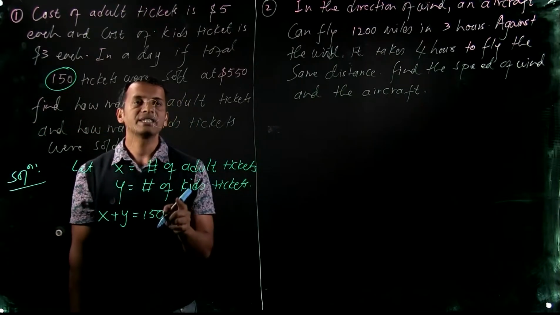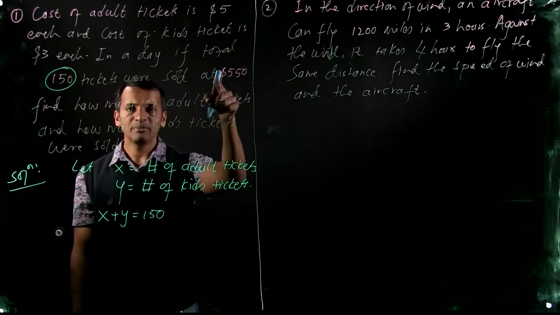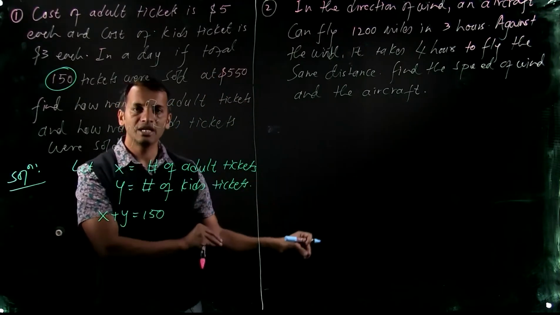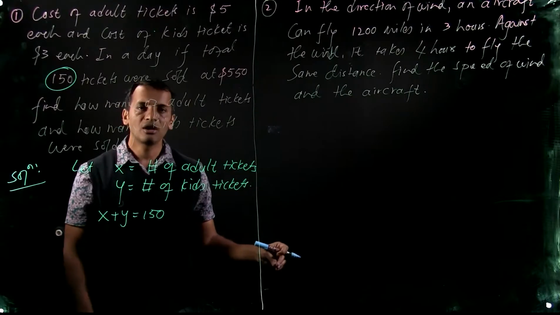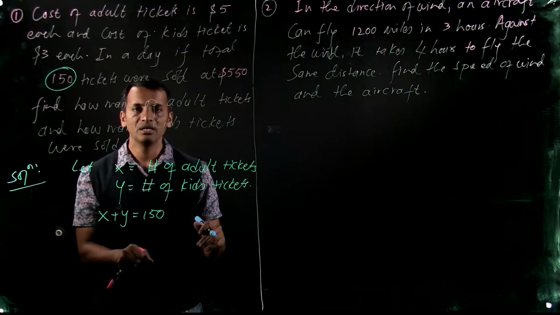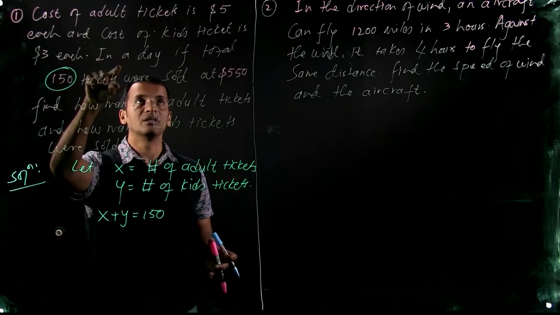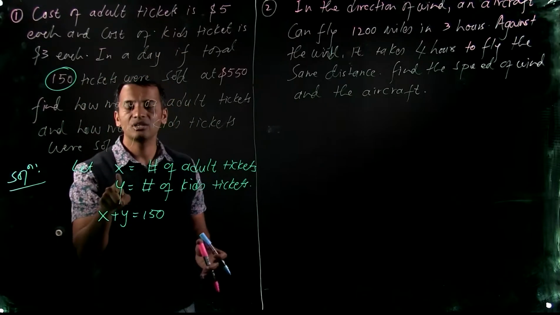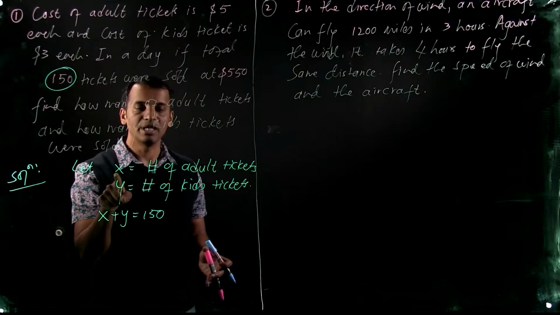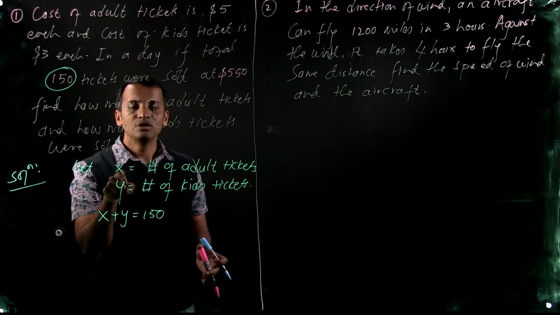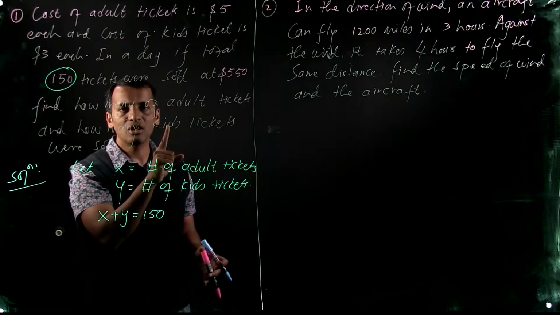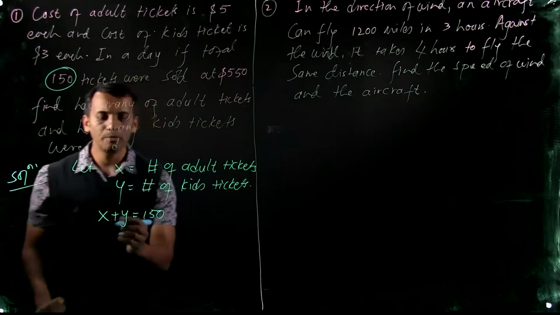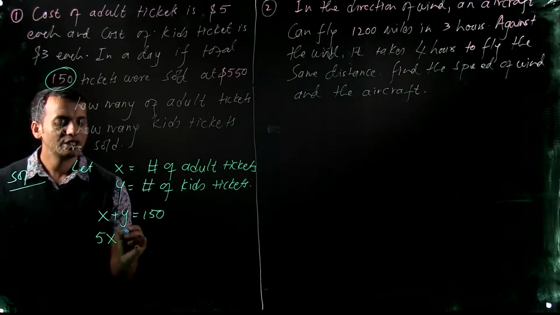Make sense? Next, how much money did they make? $550. That is the money from the kids tickets and the money from the adult tickets added together, right? One adult ticket costs $5, and they sold x adult tickets, so the total money from adult tickets will be 5x.